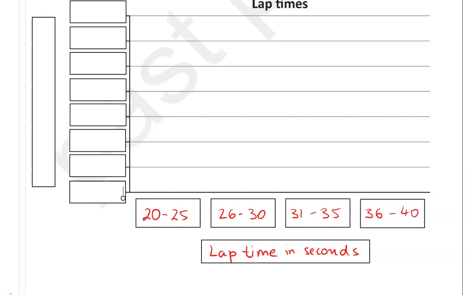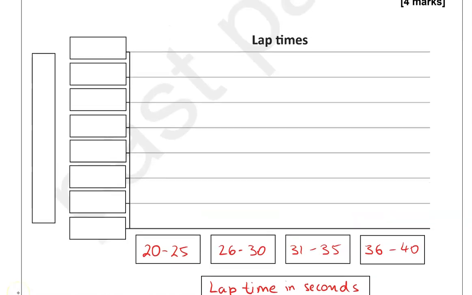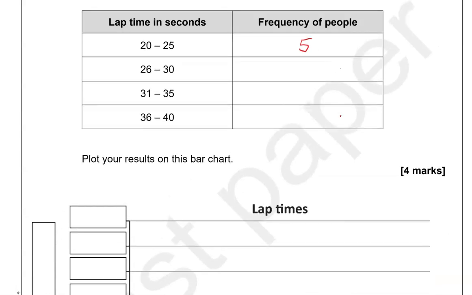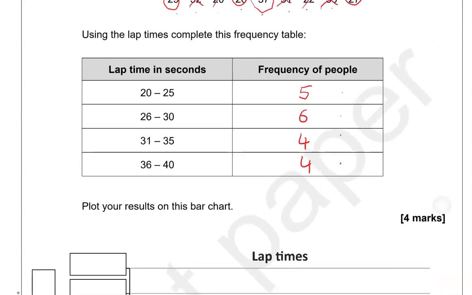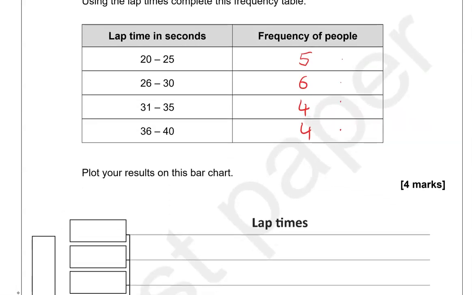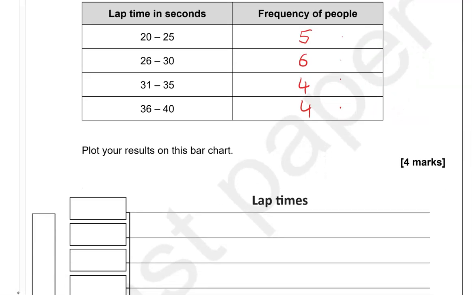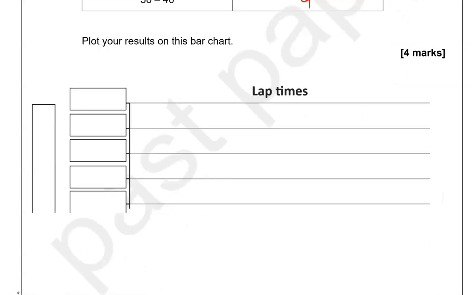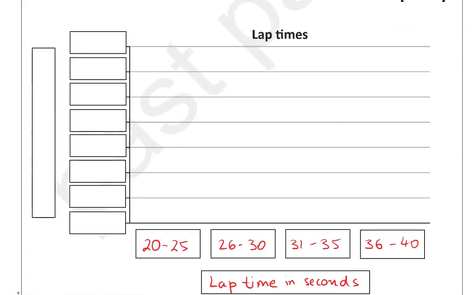Let's just double check. That looks okay. And then we have frequency of people. The highest is 6. So we can start with 0, 1, 2, 3, 4, 5, 6, and 7.